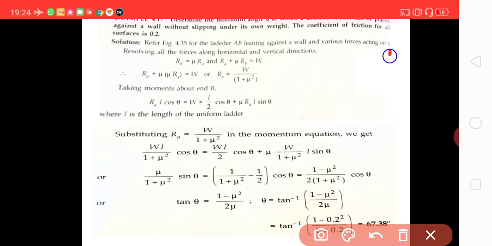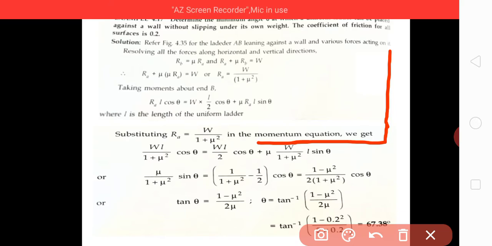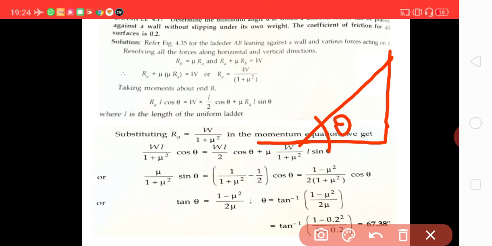This is the weight of the ladder acting downward.